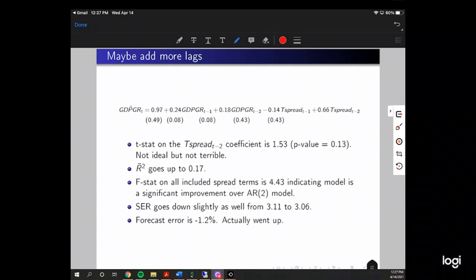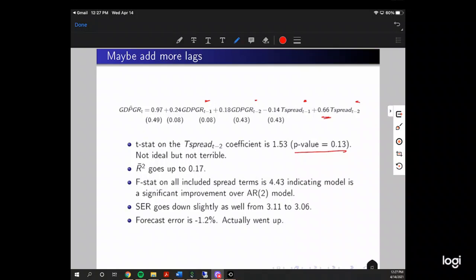So here we have the GDP growth rate in t-1, in t-2, and the term spread in t-1 and t-2. The t-stat on the term spread t-2 coefficient is 1.53, or a p-value of 0.13. It's not ideal, but it's not terrible. Remember, we want to reject our null hypothesis on a single coefficient, in this case the one we're considering.